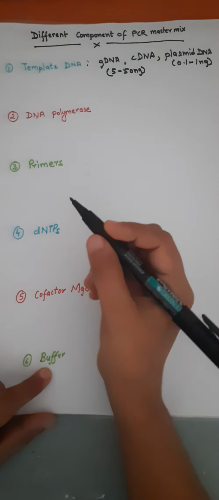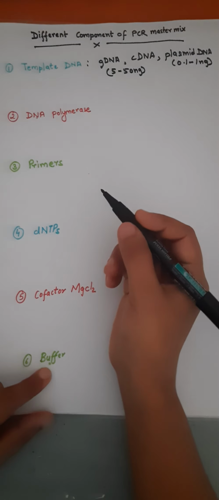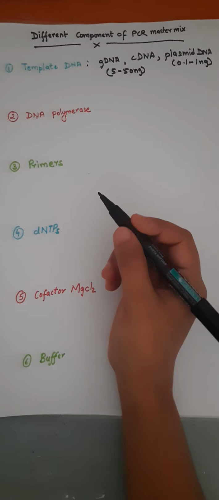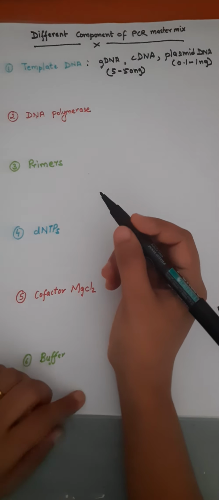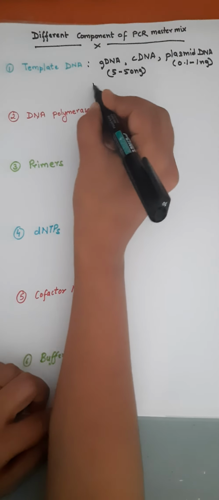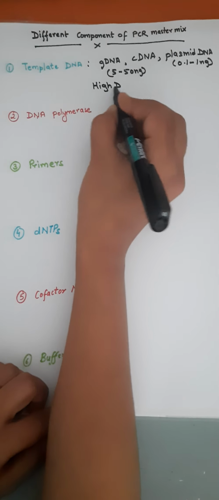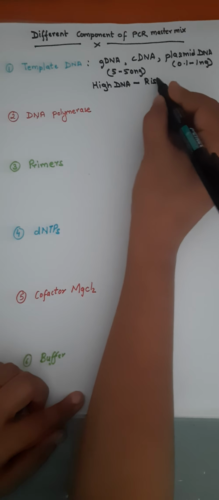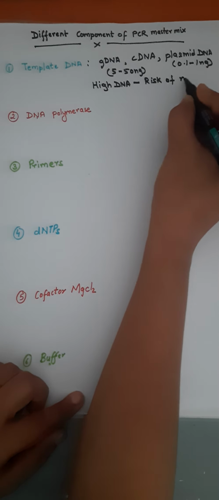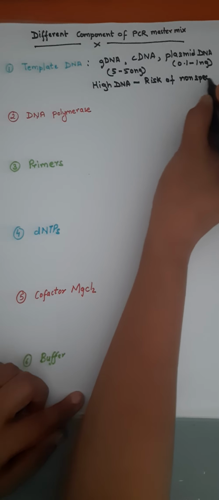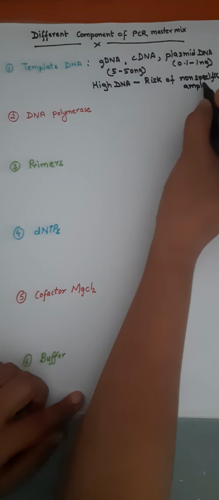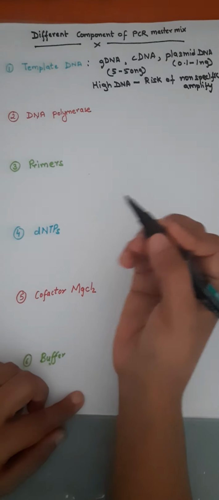Why is the template concentration very important for the PCR reaction? Because a higher amount of input DNA increases the risk of non-specific amplification. Non-specific means that it will amplify those regions in which we are not interested.